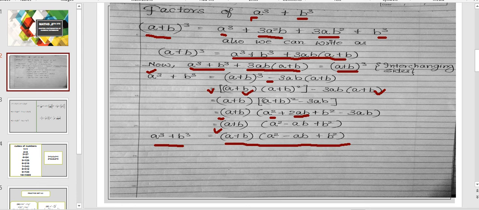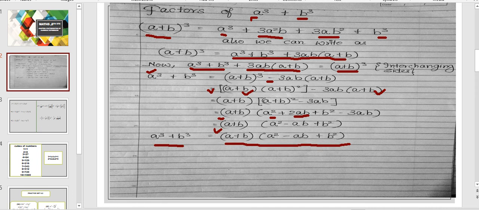Like that you have to solve the whole thing, and at the last, a cube plus b cube is equal to a plus b in a bracket, and again one bracket will open, a square minus ab plus b square, and the bracket will be closed, right? That will be the expression form of a cube plus b cube.